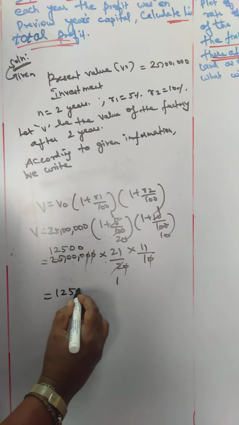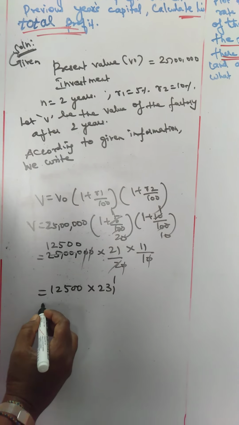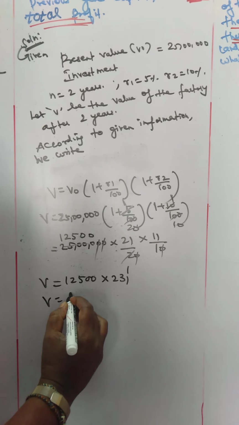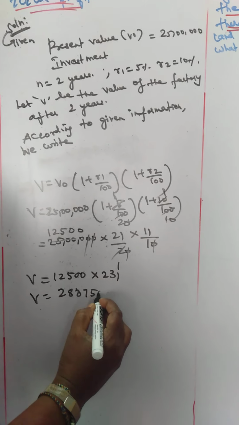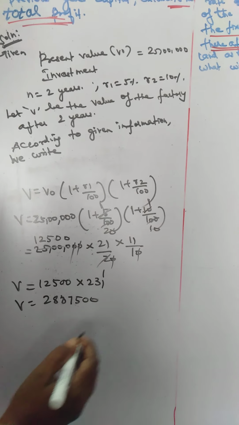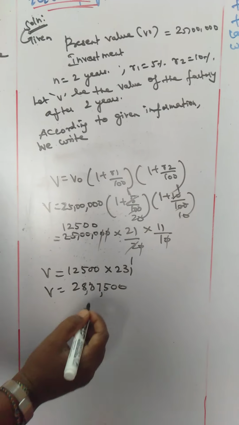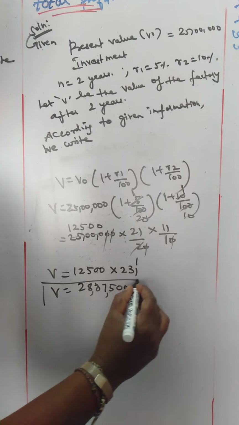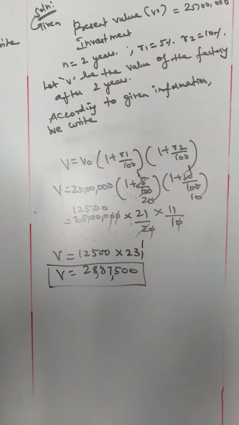So 12,500 into 231, since 21 into 11 is 231. If you multiply this, we will be getting 28,87,500, right? This is the value after 2 years. Next, what you want to do here is the profit.